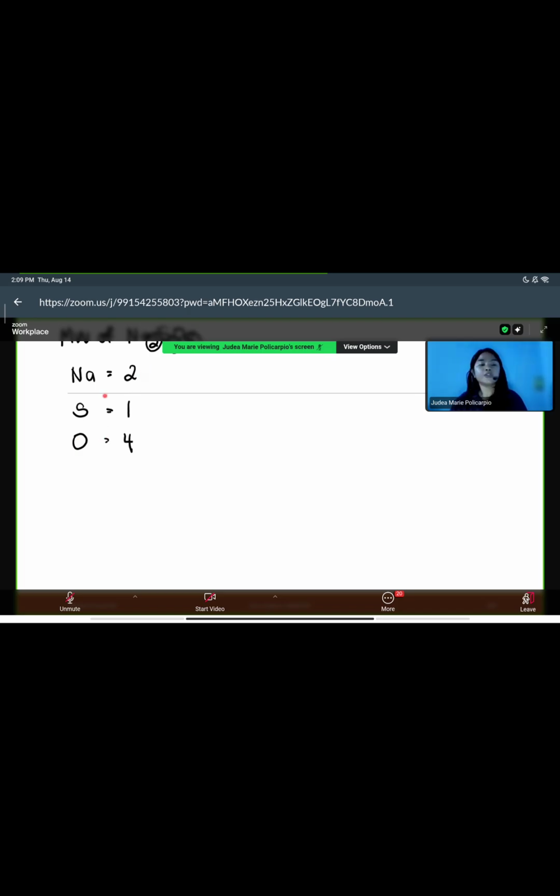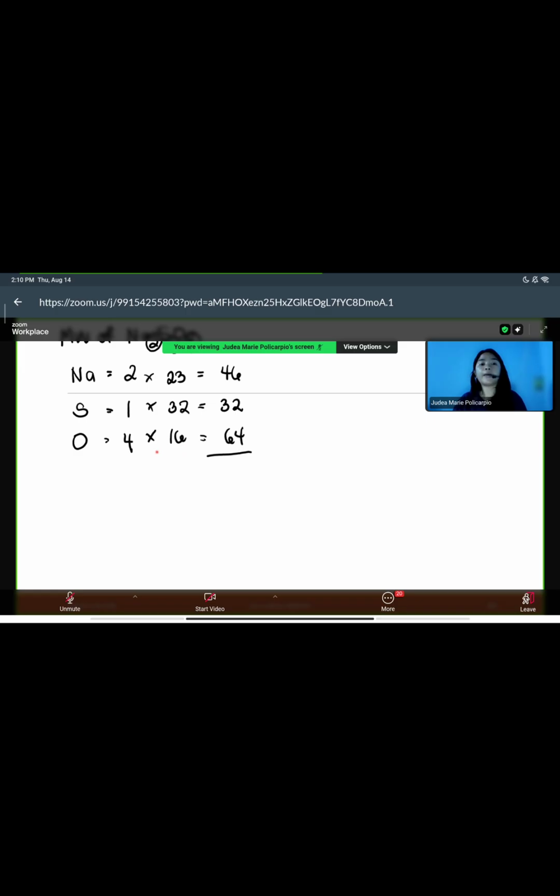Multiply lang daw natin ang number ng atoms with their corresponding atomic weights. Atomic weight ng sodium ay 23, sulfur is 32, and oxygen ay 16. 2 times 23 would give us 46. 1 times 32 would give us 32. And 4 times 16 would give us 64.